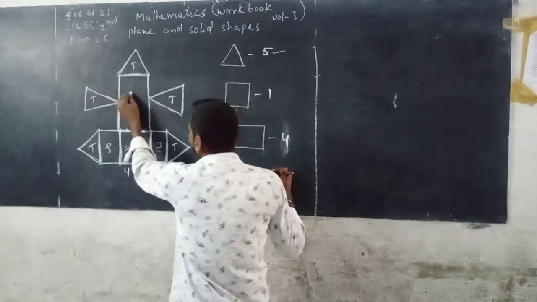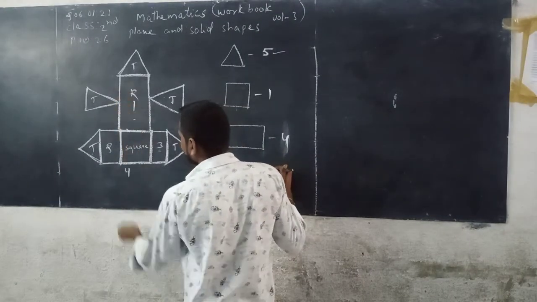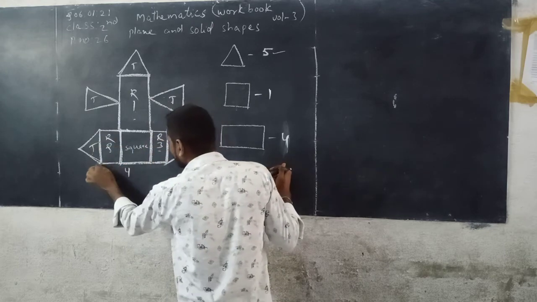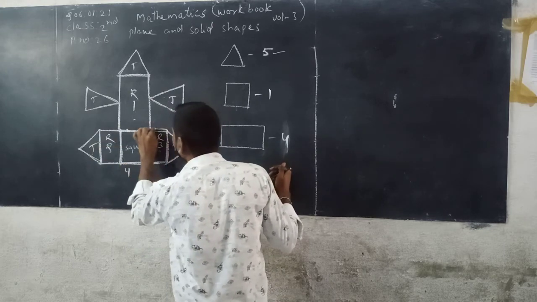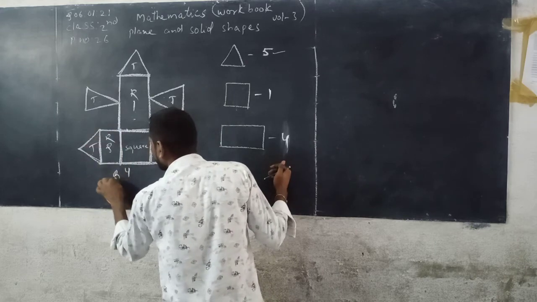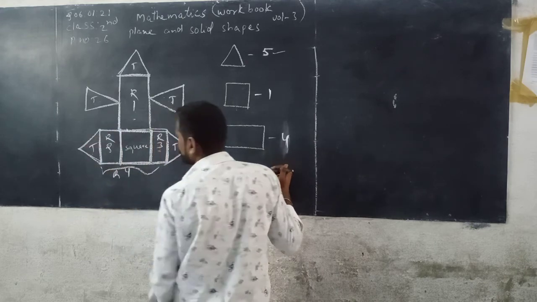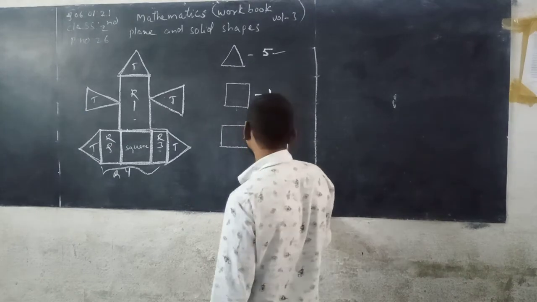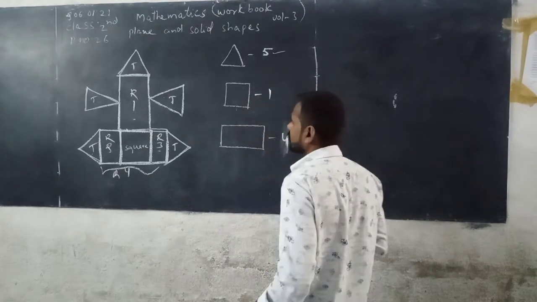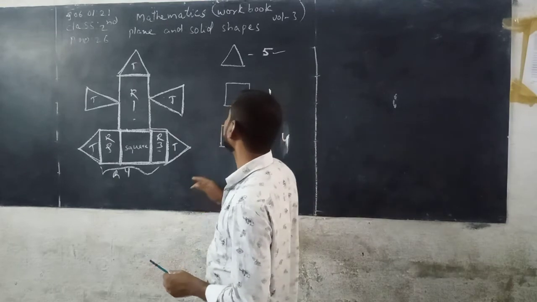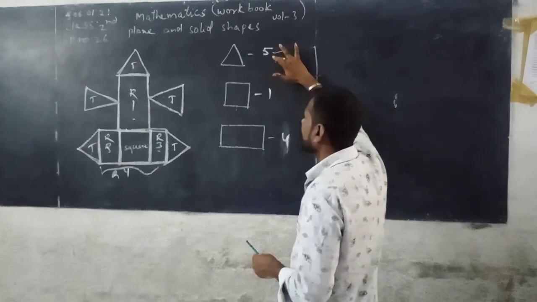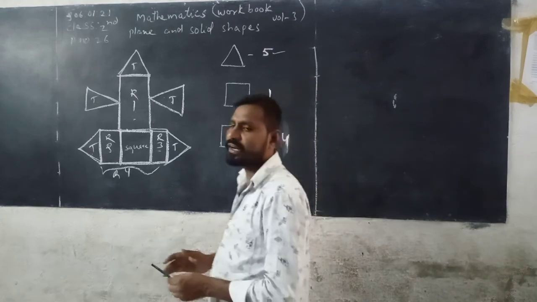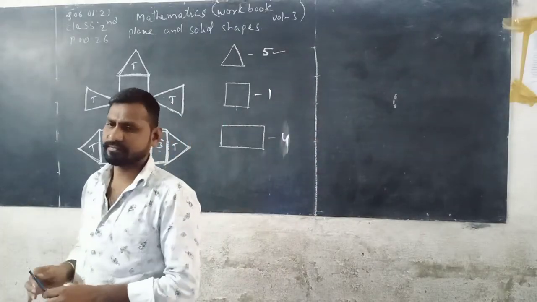Rectangle means R. 1, 2, 3, and this is also a rectangle. So 4 rectangles. Then you can write 4. So in the given figure, it has 5 triangles, 1 square, and 4 rectangles.